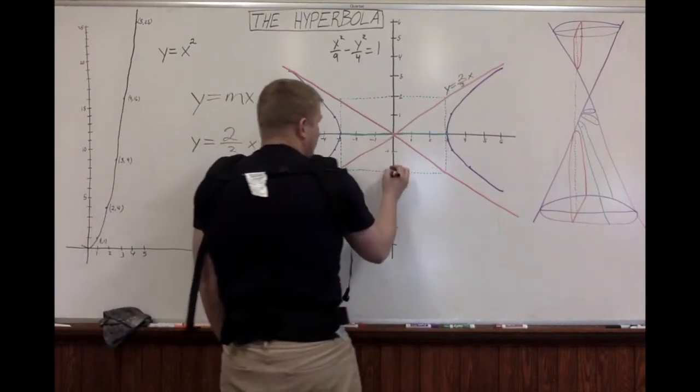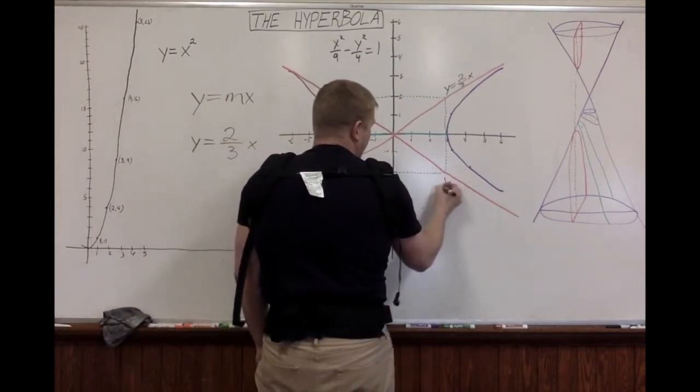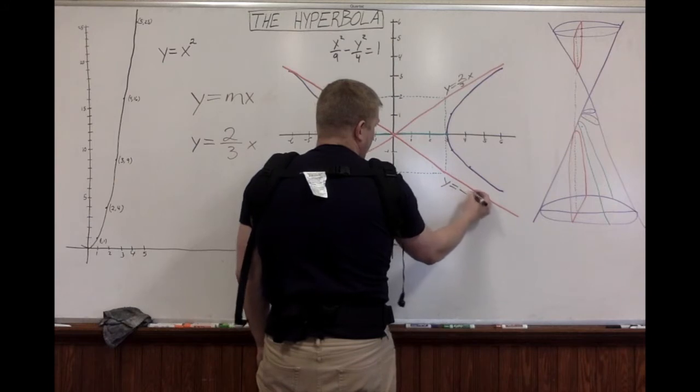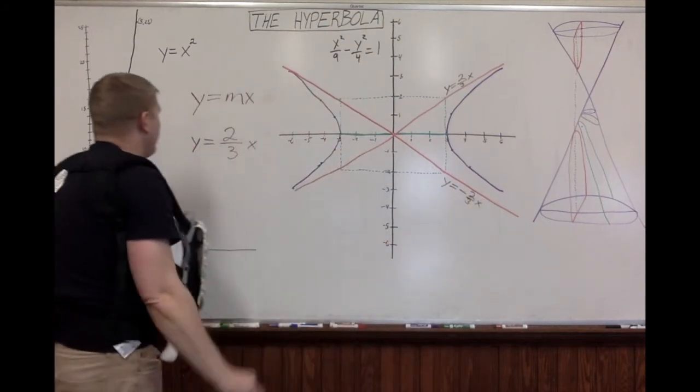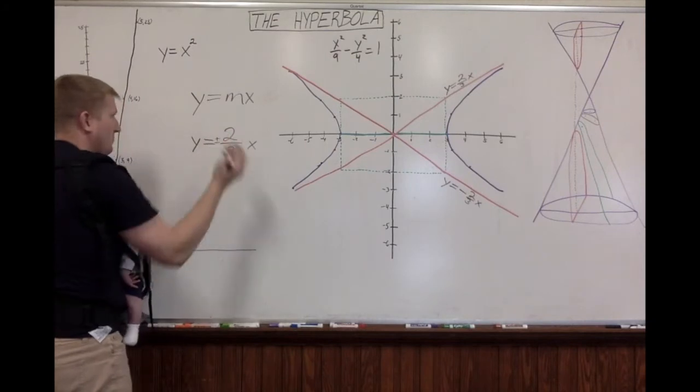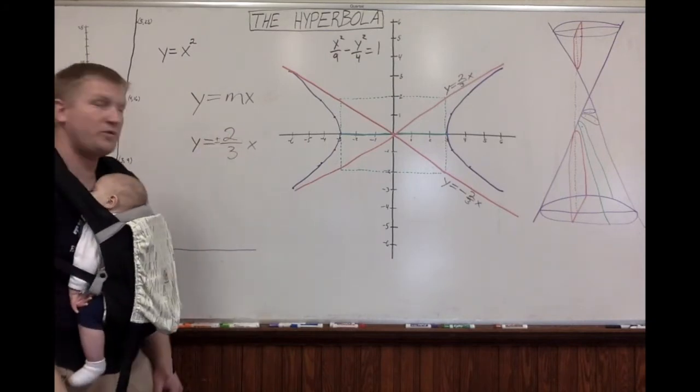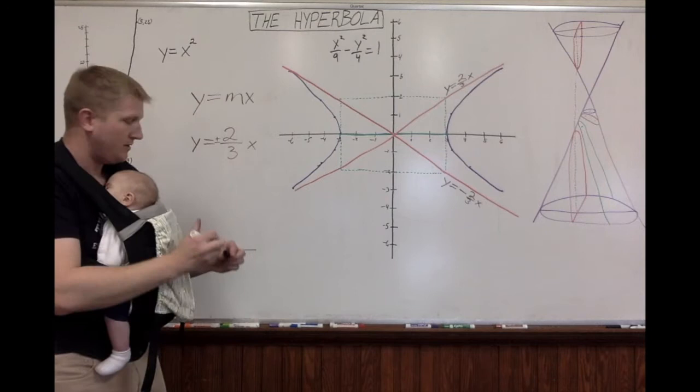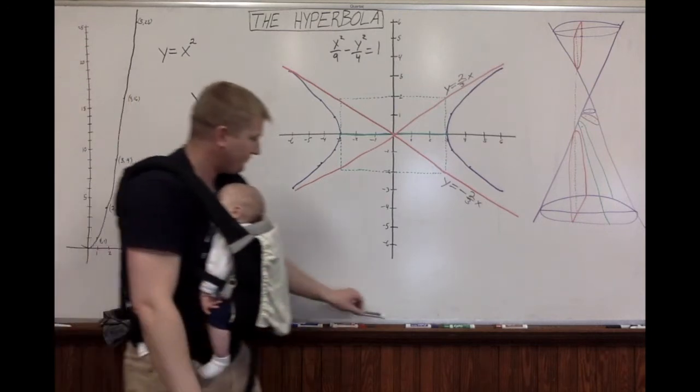We're going to drop 2 and run 3. So our two asymptotes are just plus or minus 2/3 x. All right, well, that's easy enough.